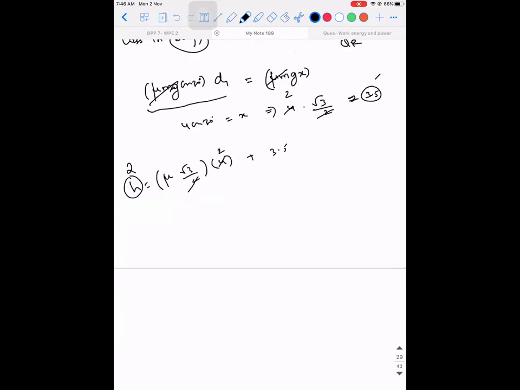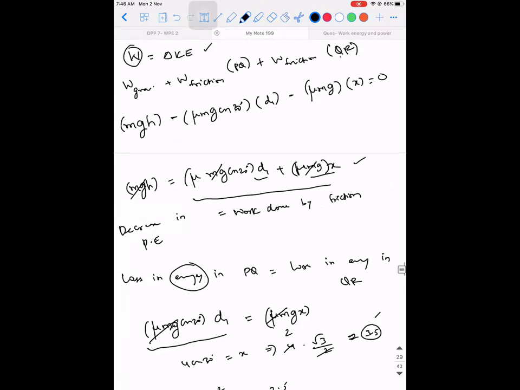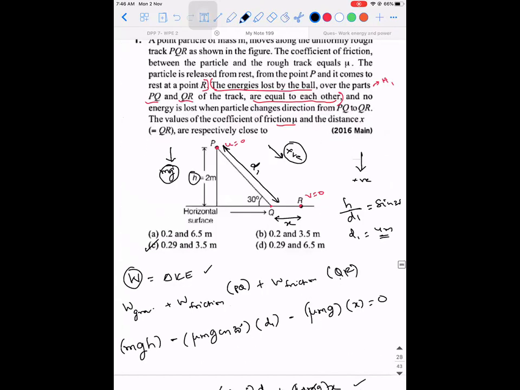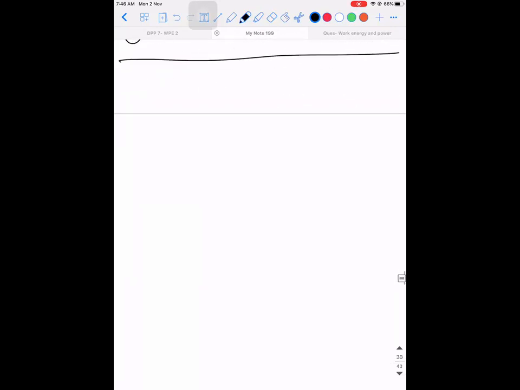Clear? So this is a very good problem because this kind of question can be expected. I'll tell you the different kinds of questions that they are going to frame. Let's say there is a point P at a height h1. There is a ball, a particle, which is released from rest.